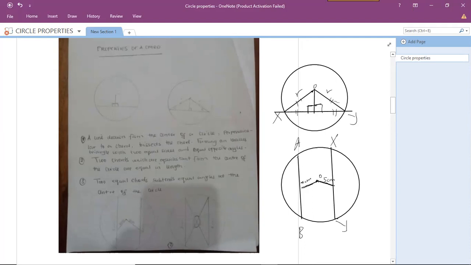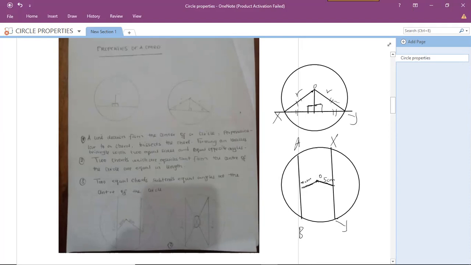So the length from A to B will be the same length as X to Y, because two chords that are equidistant. When we say equidistant, this is actually a term from construction, which is another easy topic that I think we should do.